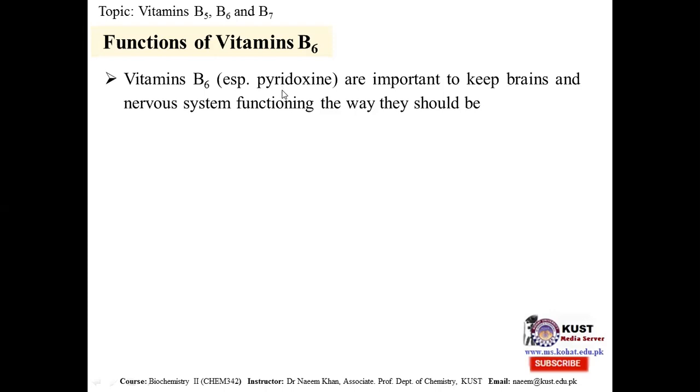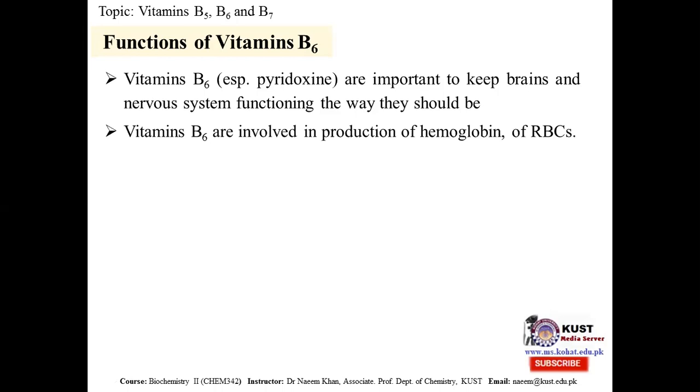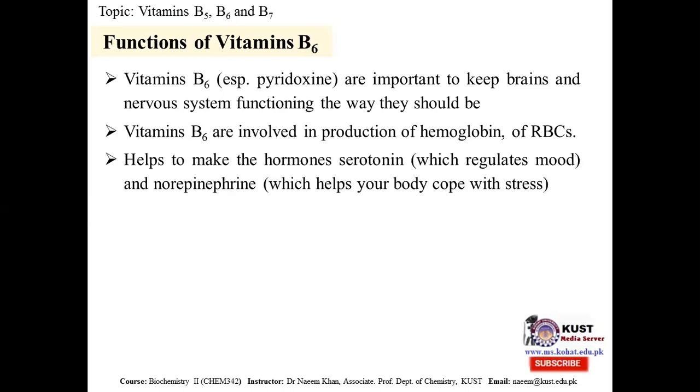Vitamin B6 is involved in the production of hemoglobin in RBCs. Red blood cells are very important for the transportation of oxygen, and this hemoglobin production requires vitamin B6.